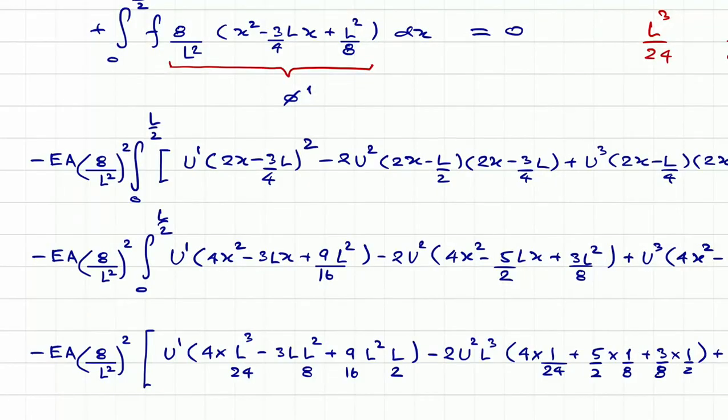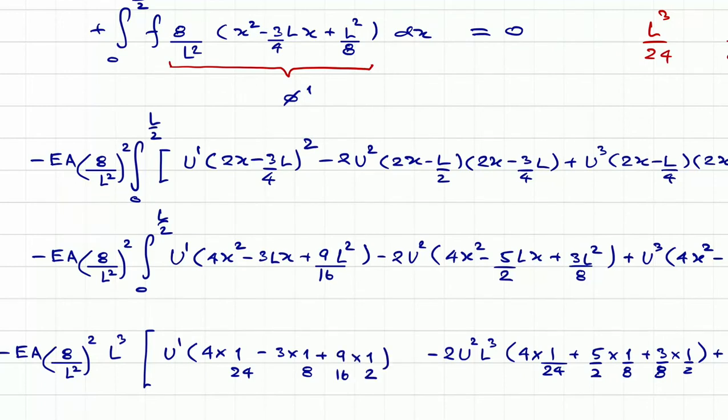Let me just do it this way to save the space such that it is easy for us to see. 3 over 8. I squeeze in the space a little bit. Multiply by 1/8, multiply by 1/2. A little stingy with the space.